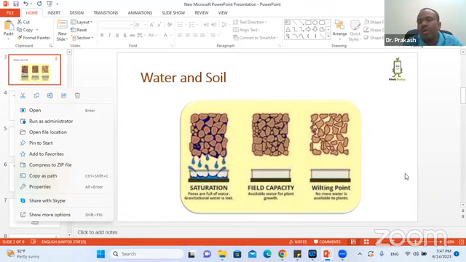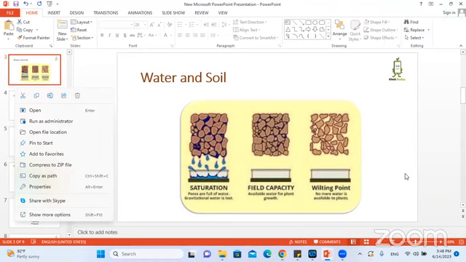Such activity cannot give a good yield. So we have to decide the proper ratio based on crop stage and water requirement of the crop.